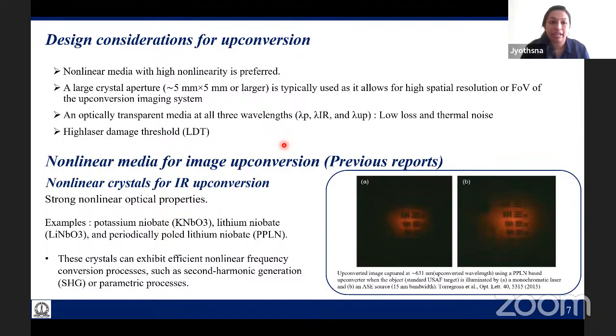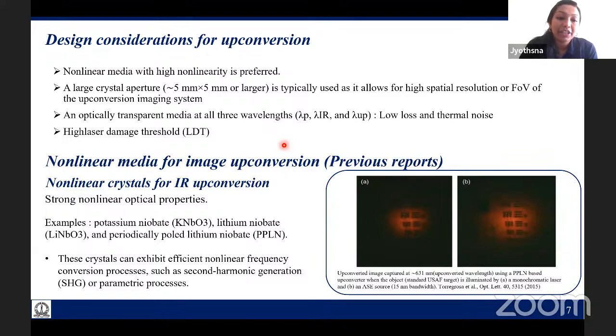For example, you can have a large crystal or aperture in the case of crystal based up conversion, so that you can get a large area and large field of view for the up conversion system. And most importantly, the material should be transparent to all the wavelengths interacting with it. And obviously the material should have a higher damage threshold.